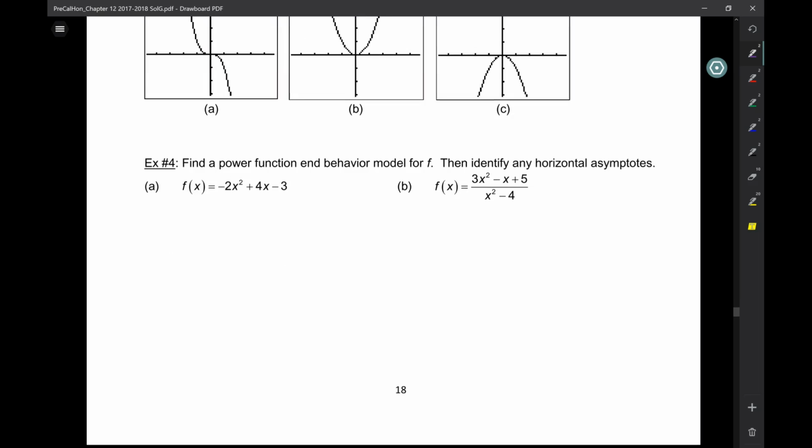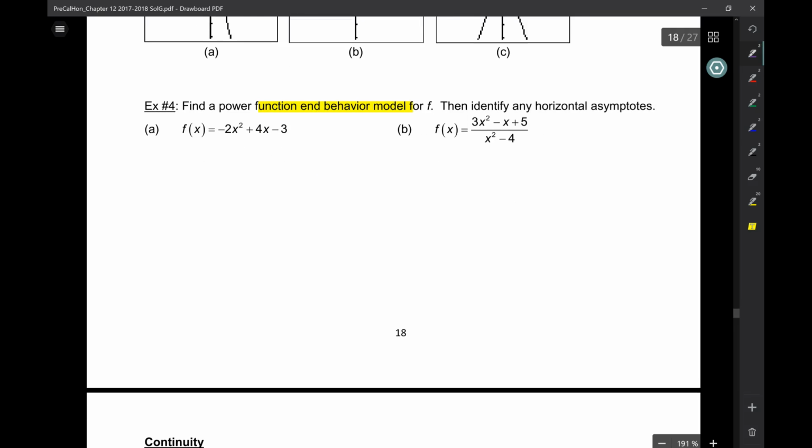Okay, here, find a power function. So here we go. The power function, let's write g of x, will be negative 2x squared. And then what are the horizontal asymptotes? None, because 2x squared does not have horizontal asymptotes.